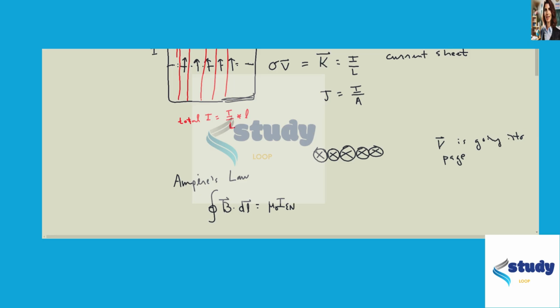Okay, so there's our sheet, and I can kind of imagine the edges of the sheet, but really Ampere's law works only if you have an infinite sheet. Now I want to use the right-hand rule to figure out which way my loop that encloses those little wires should go around. I'm going to put my thumb in the direction of the current, and then I see that my fingers wrap around in a clockwise direction.